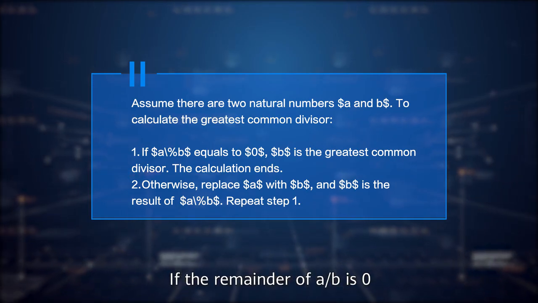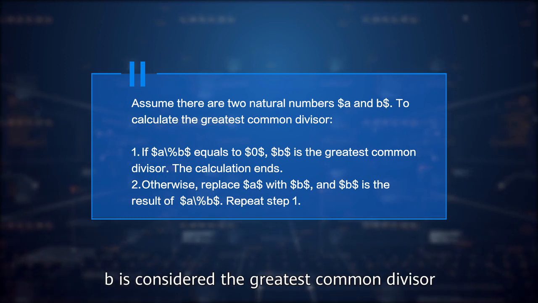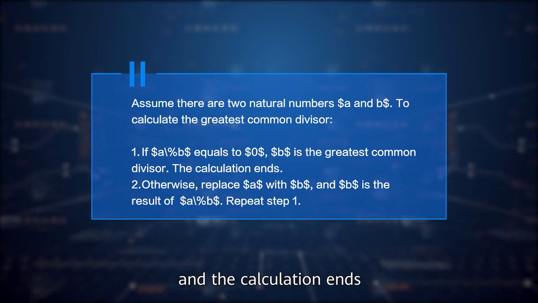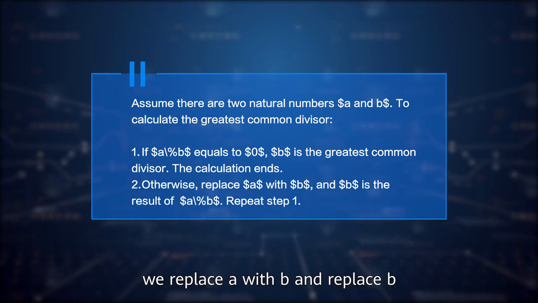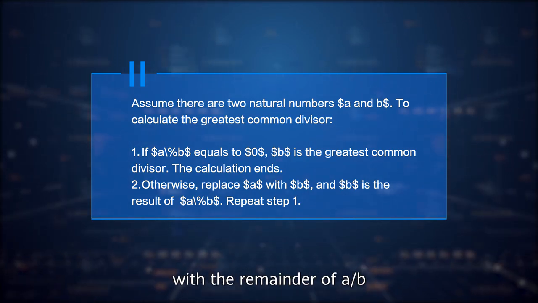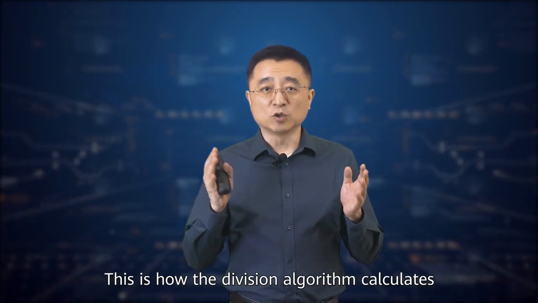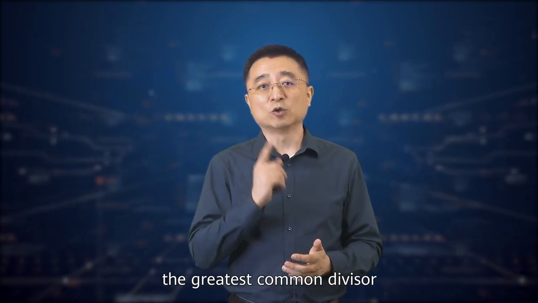If the remainder of a over b is 0, b is considered the greatest common divisor, and the calculation ends. Otherwise, we replace a with b and replace b with the remainder of a over b, and repeat the calculation. This is how the division algorithm calculates the greatest common divisor.